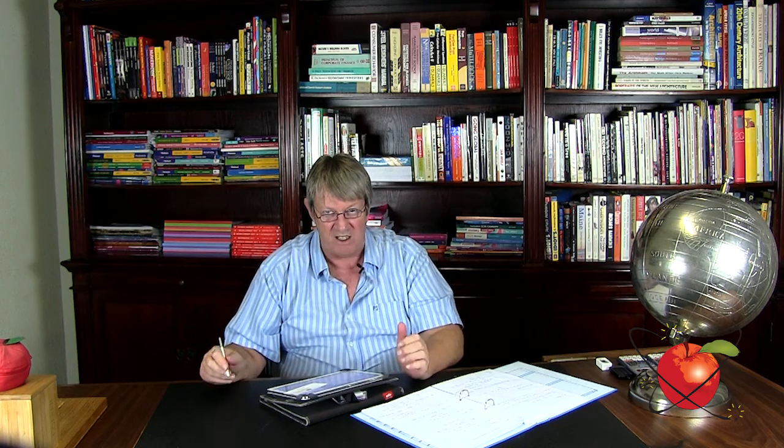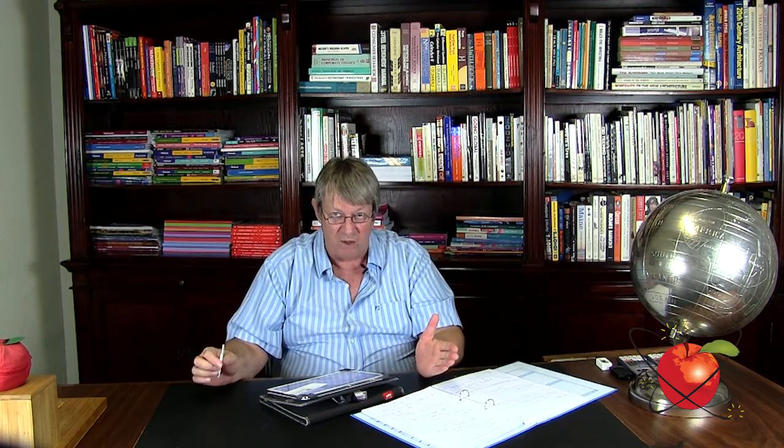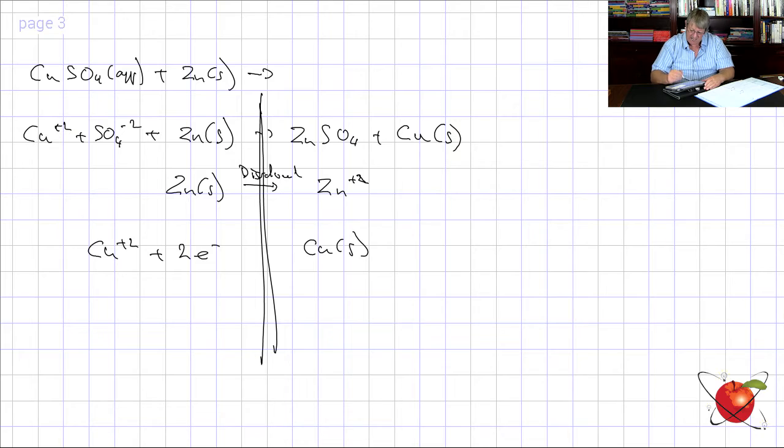That's the only way you're going to do this. And it became that. Therefore, the zinc must have given off 2 electrons. Now remember, OIL RIG: oxidation is loss, reduction is gain.